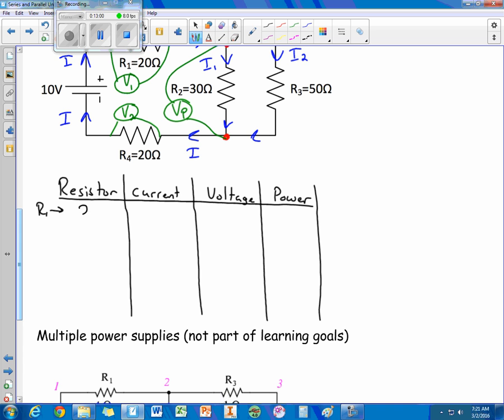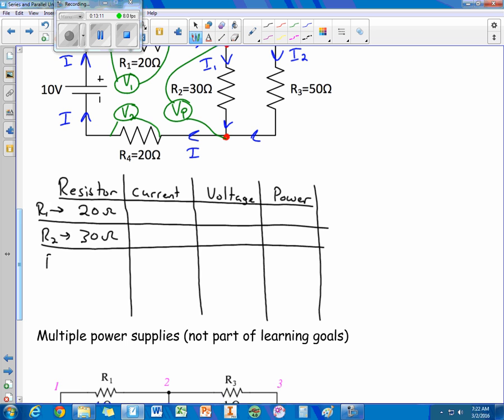So R1 is 20 ohms. R2 is 30 ohms. R3 is 50. And R4 is 20.